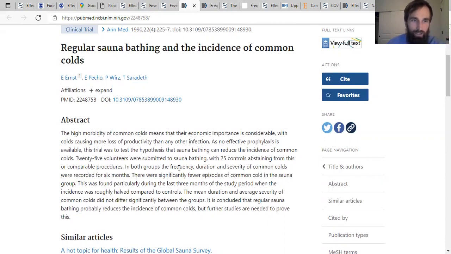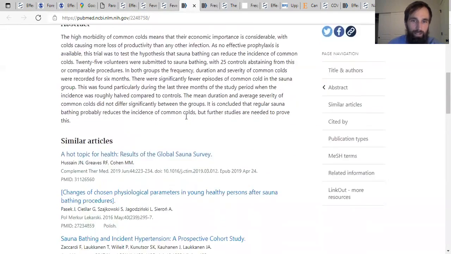And this has to do with the mechanisms that we just talked about, the immune system, communication modulation, and the inhospitable environment that the heat creates.